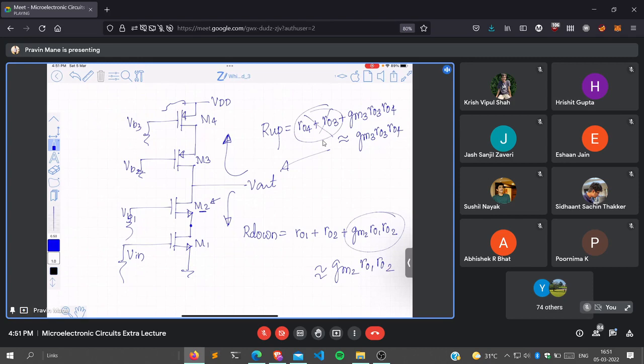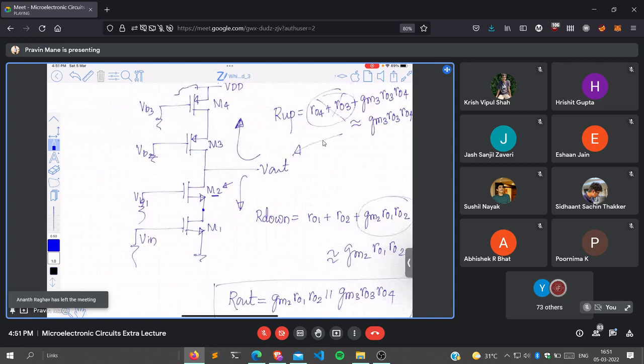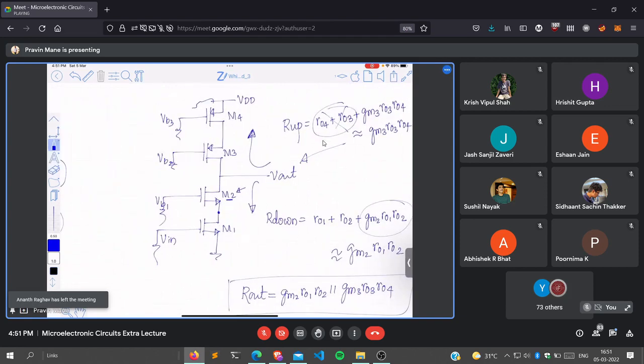Understood? So R out is GM2 RO1 RO2 parallel GM3 RO3 RO4. Okay. How to find out capital GM?